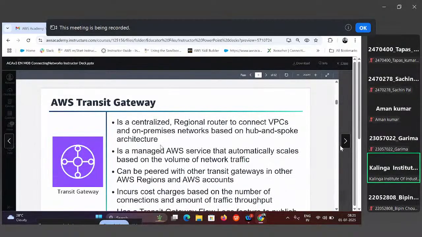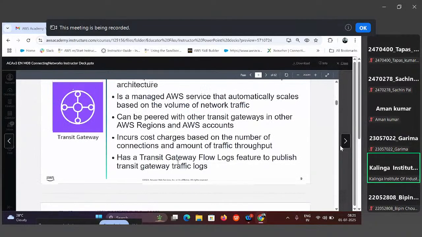Let's have a look at AWS Transit Gateway. So what is Transit Gateway? It is a centralized regional router to connect the VPCs and on-premises network based on hub and spoke architecture. Just now we discussed that there will be a centralized device which will be connecting to all the VPCs based on hub and spoke architecture.